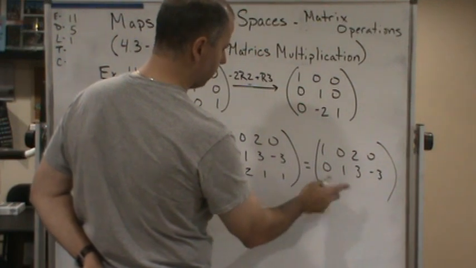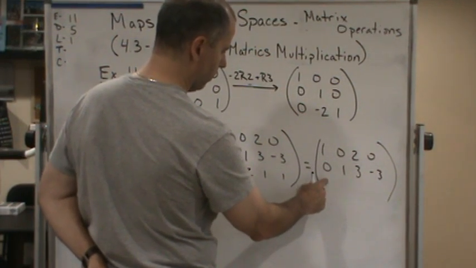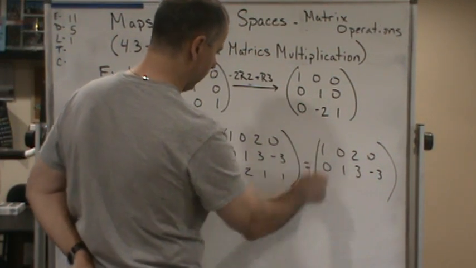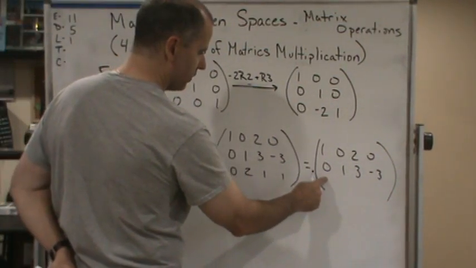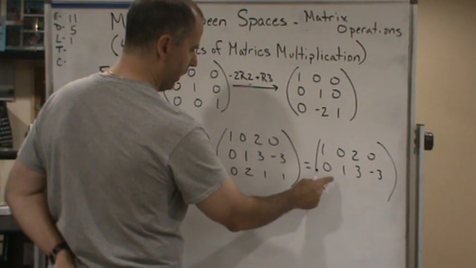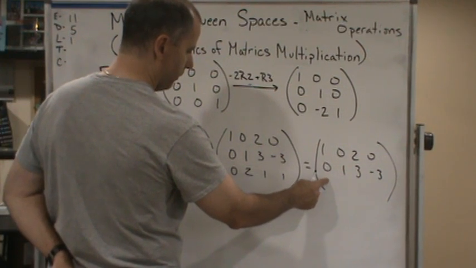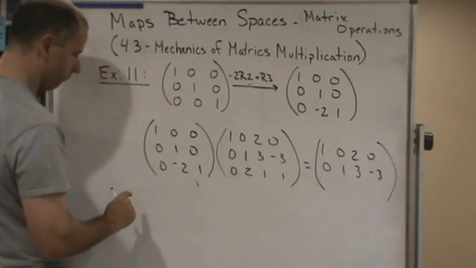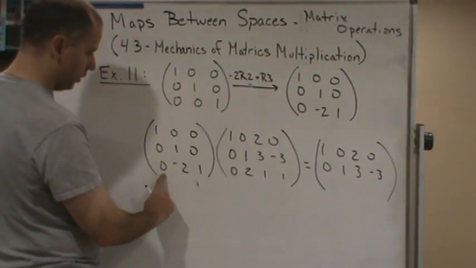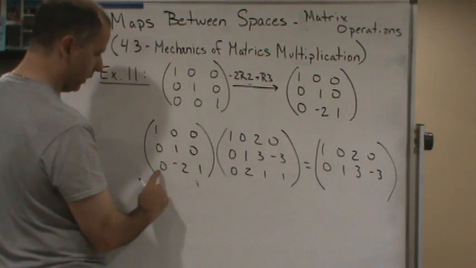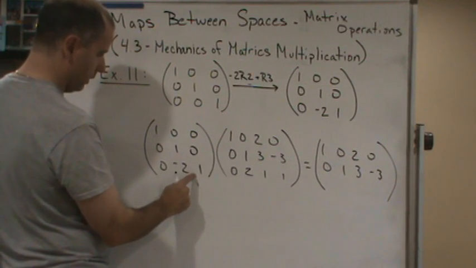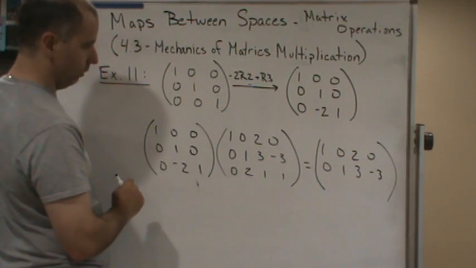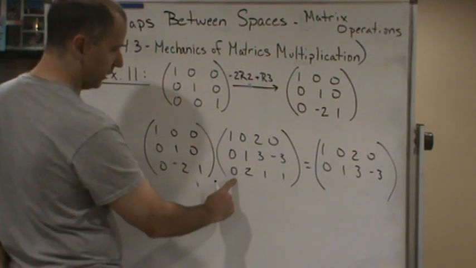Or hold on, I'm sorry, this is row 3, column 1. I'm sorry, doing the wrong one. This is entry 3, 1. So I want to use third row, first column. So it'll be 0, 0, and 0, which means I'm going to get 0.